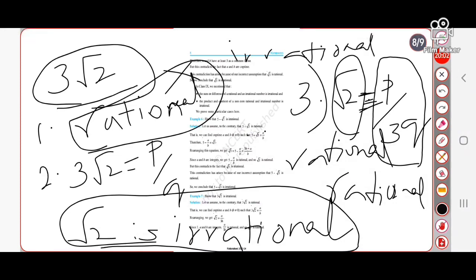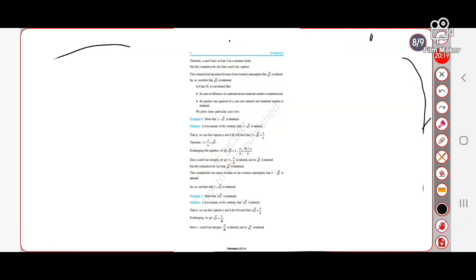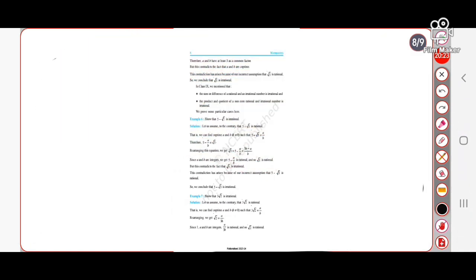For concluding that root 2 is an irrational number we derived 4 to 5 steps, but after that, within 3 steps we can conclude our answer if we get something like root 2 or root 3 in a question. We say that we already concluded that this number is irrational, so with respect to this number the entire sum is irrational.